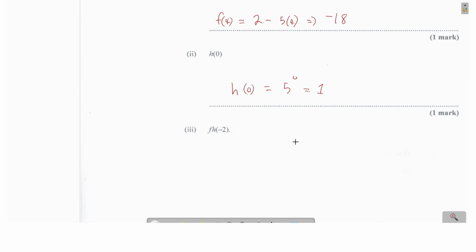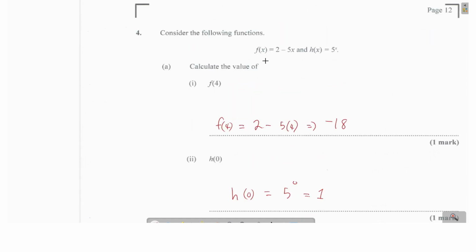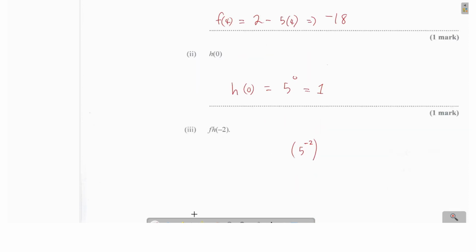So we're going to put in bracket here h, which is 5 to the x, and then here x is minus 2, so 5 to the minus 2, followed by f, and we know that f is 2 minus 5x. So we're going to have 2 minus 5 times this function here, which is x. Therefore, we have 2 minus 5 times 5 to the minus 2. 5 to the minus 2 is 1 over 25.